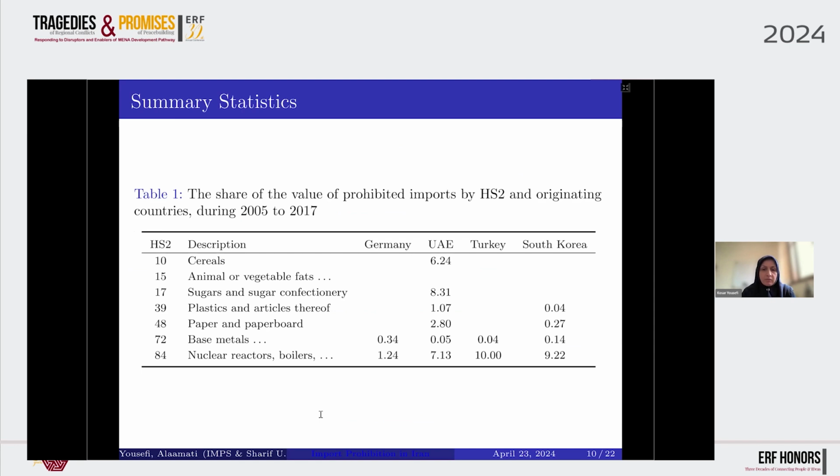Okay, what we have here is data from UN Comtrade that consists of exports of other countries to Iran. And on the Iranian side, we have the customs-reported imports from different countries.